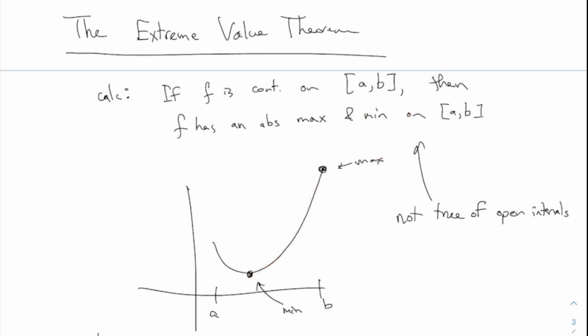So it is not true of open intervals, and also not true of closed sets like A to infinity. That's a closed set, but functions on that set do not necessarily have a maximum value, because they could just go up forever, and that would be fine. They would never reach a maximum value.